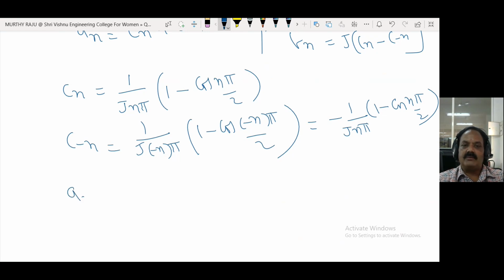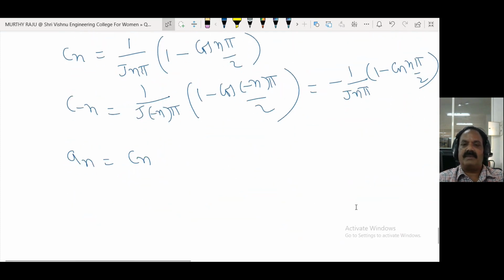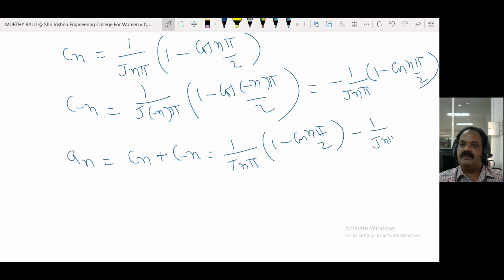Therefore, An is equal to Cn plus C minus n. Cn is 1 by j n pi into 1 minus cos n pi by 2, and C minus n is minus 1 by j n pi into 1 minus cos n pi by 2.